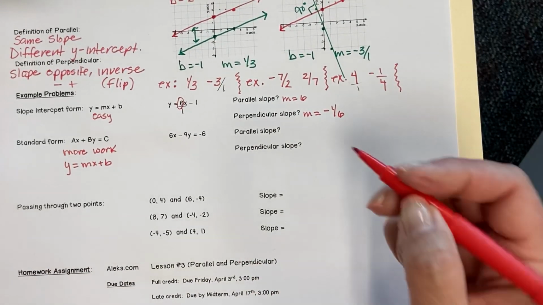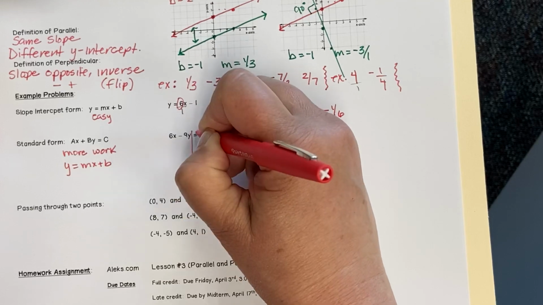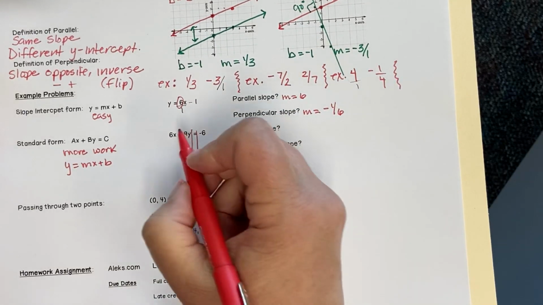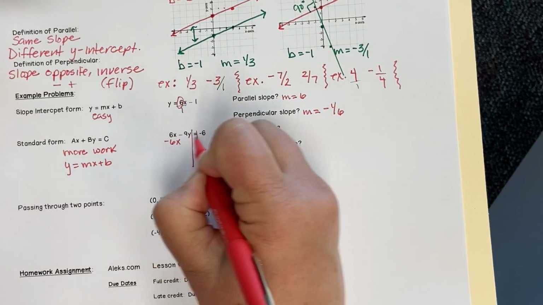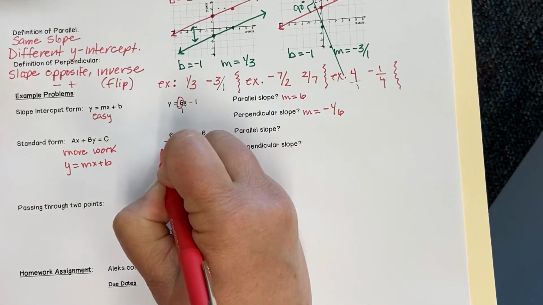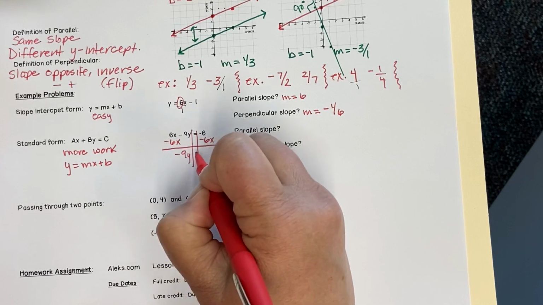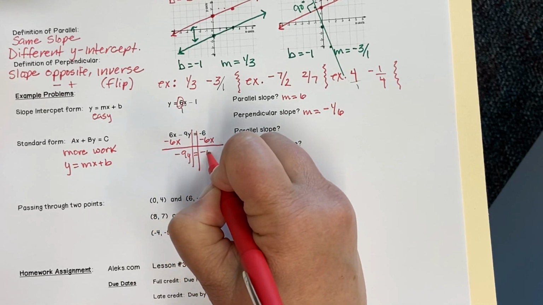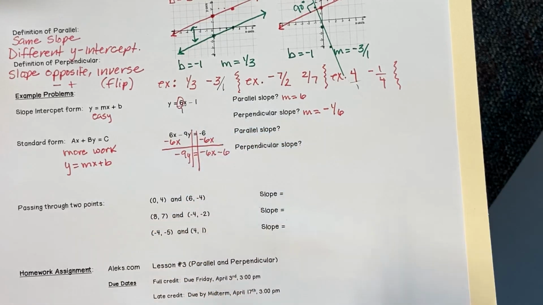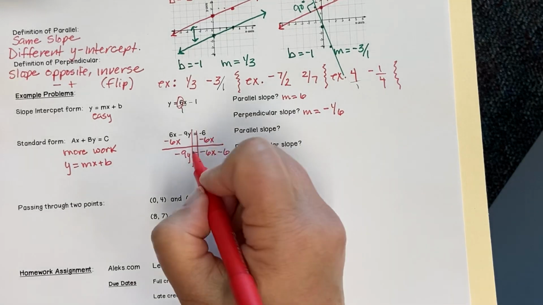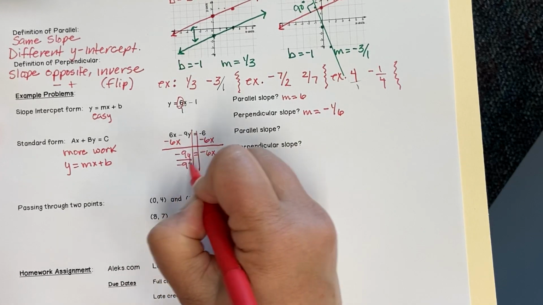You guys have been doing that for a while. So here we go. We're going to switch this around. I'm going to subtract 6x from both sides. So I have -9y equals -6x minus 6. And divide everything by a -9.